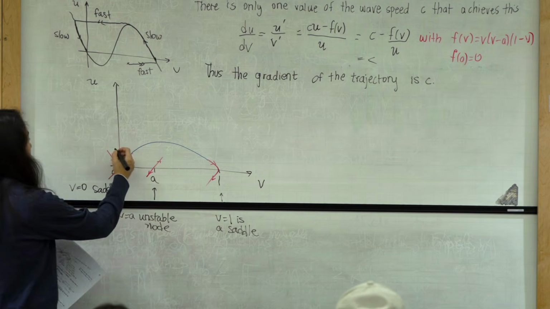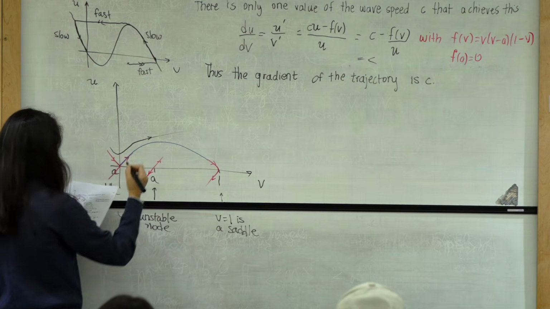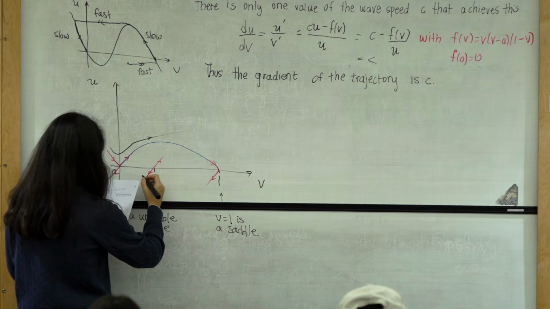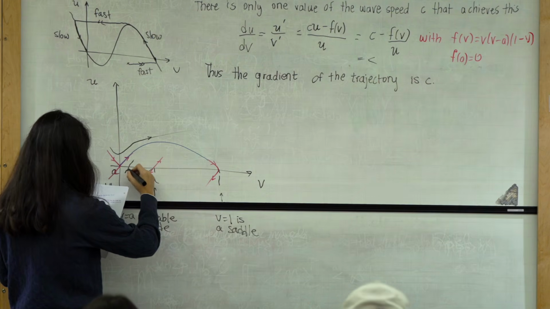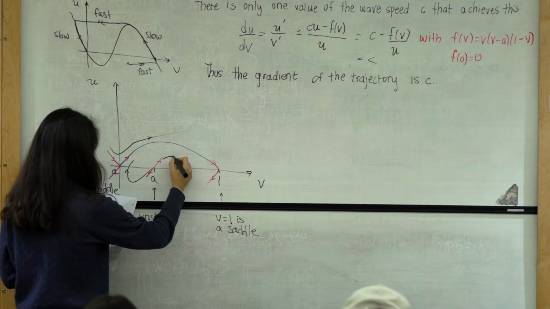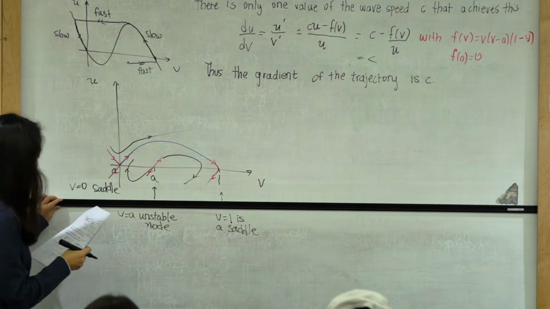So if you complete this picture, basically you have a bunch of other trajectories. This is flying off to infinity. Then I can make another one. This, for instance, is another one. And you see how the picture will be completed, I hope, if I didn't draw this horribly.